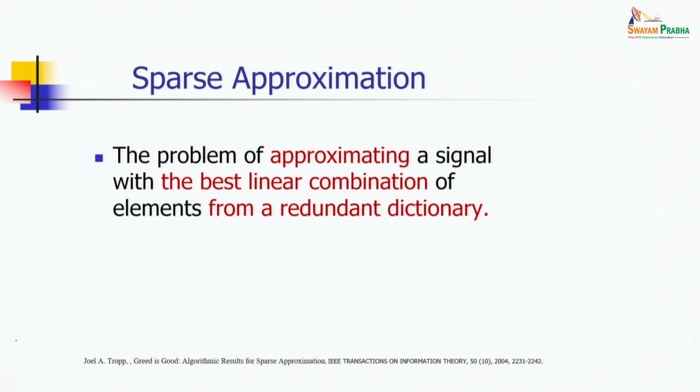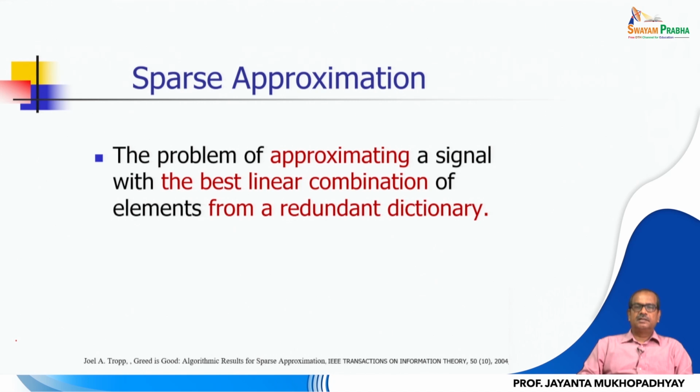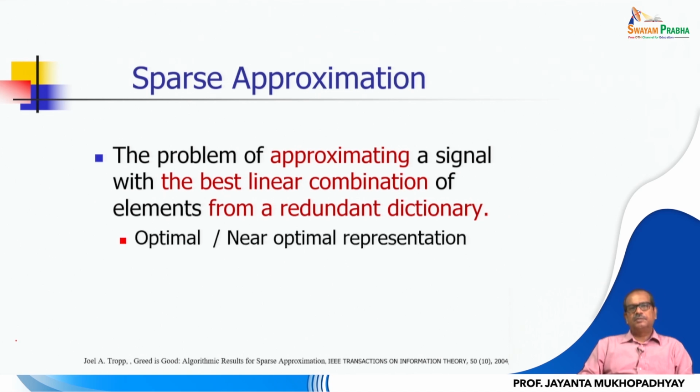So this is the problem I was mentioning, the problem of approximation of a signal with the best linear combination of elements from a redundant dictionary, which means you have more atoms than are actually required to represent that vector exactly. As I said, it is very difficult, an NP hard problem and combinatorially explosive.